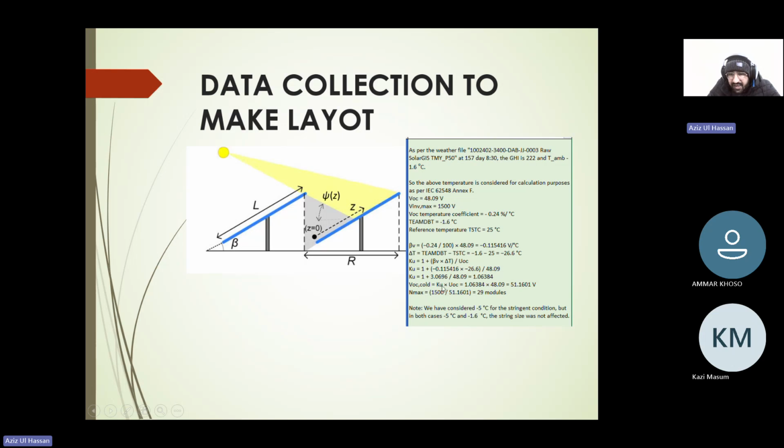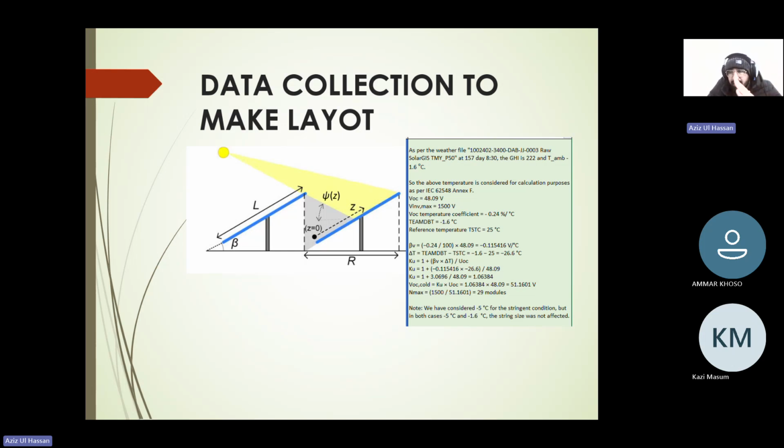Now you have this KU. Basically, UOC means the open circuit voltage of the PV modules, and this is the cold. When the temperature at the site is lower than the standard test condition, like 25 degrees, your voltage will increase.